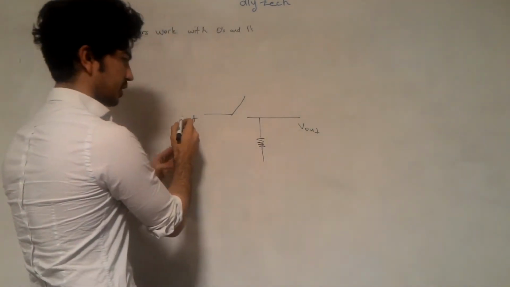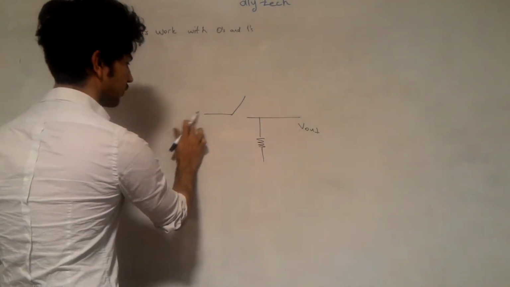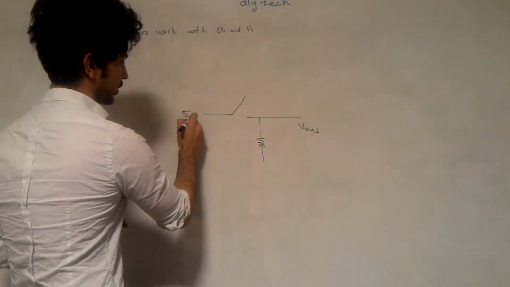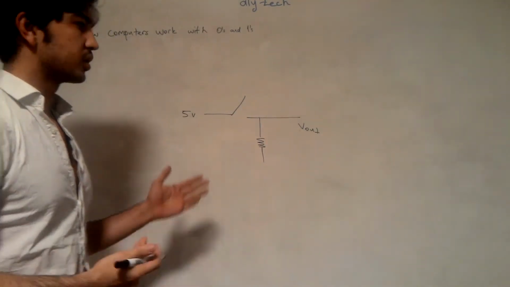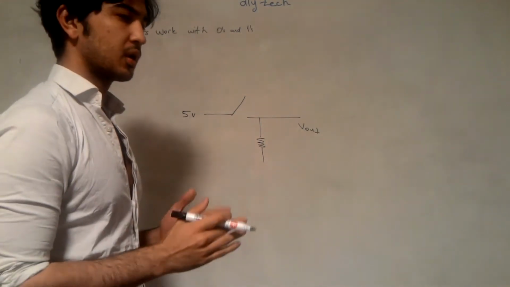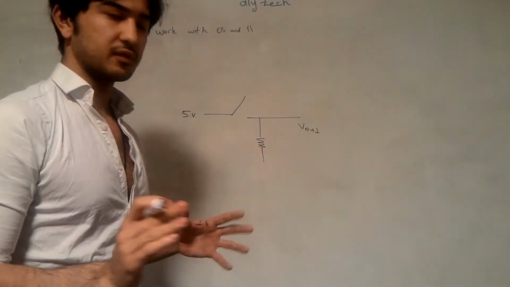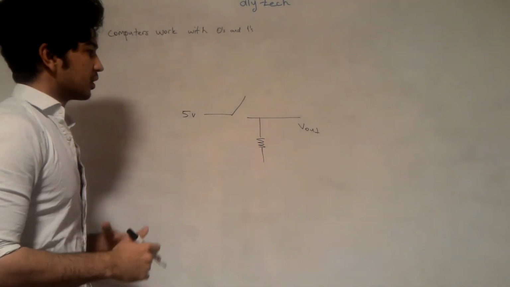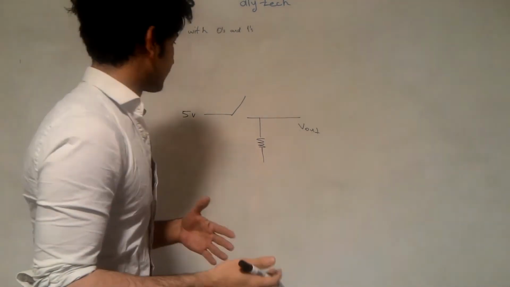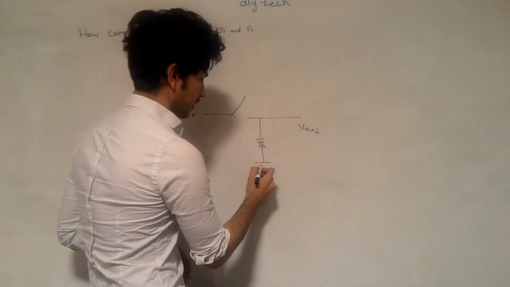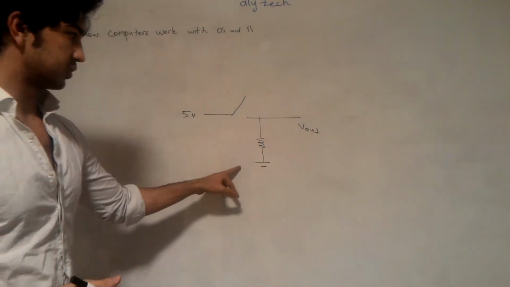You have a voltage here, let's say 5 volts, because your Arduino or most CPUs work with 5 volts, but some of them work with 3.3 volts. Anyway, and you have your ground here, 0 volts. Okay.